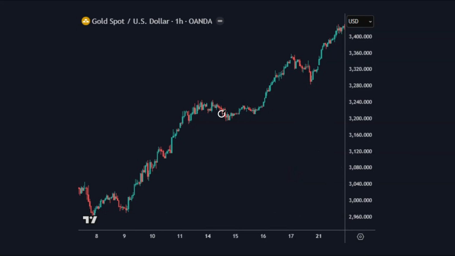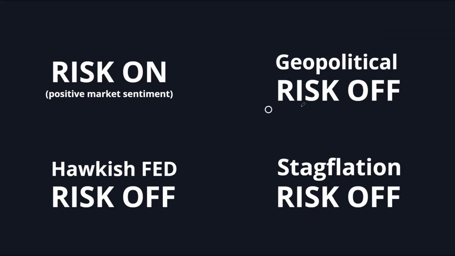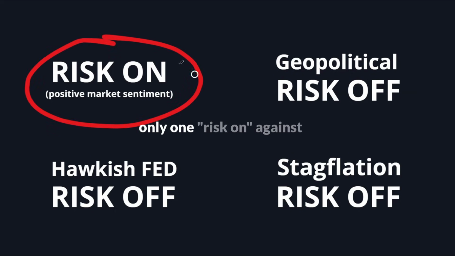Now, with all this said, every market trend falls into one of these four buckets. If you can understand and identify, but most importantly, understand the bucket, so understand exactly what's going on to evaluate whether it should continue or not, then at that point, you own the trend. And by the way, you probably noticed there's only one risk on against three risk-off sentiments.